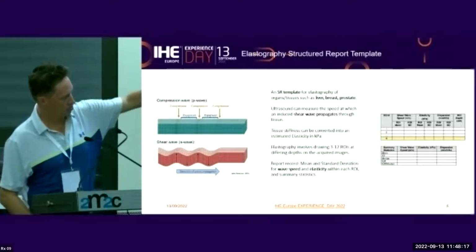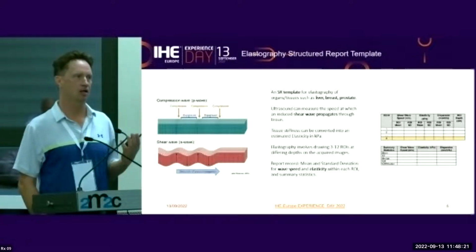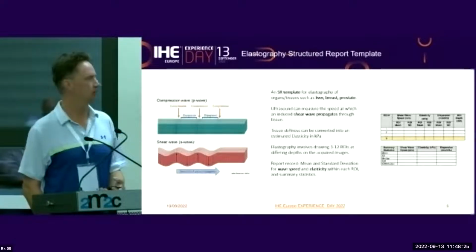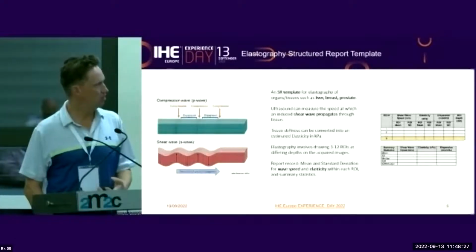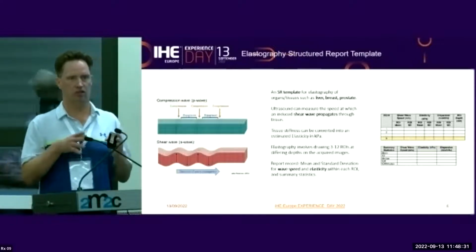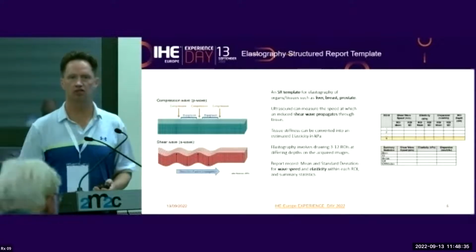And you can see on the right-hand side what kind of information you can record, the pressure, the speed of propagation in this tissue and so on. And that's not the complete report in itself. It's a template for a part of an ultrasound report if you want to record this kind of information.